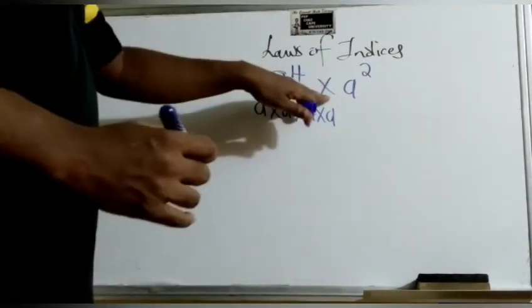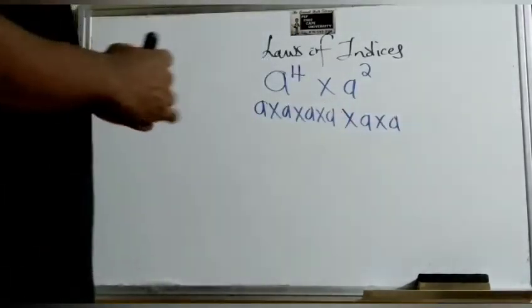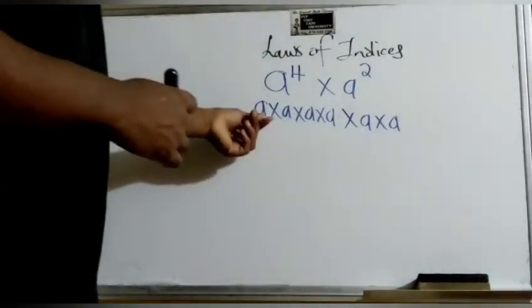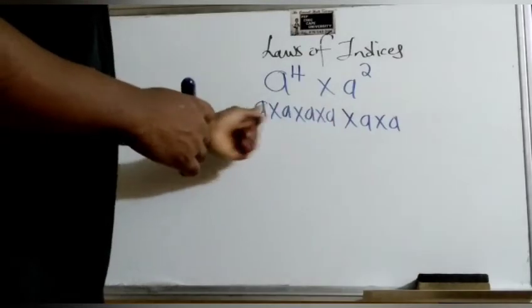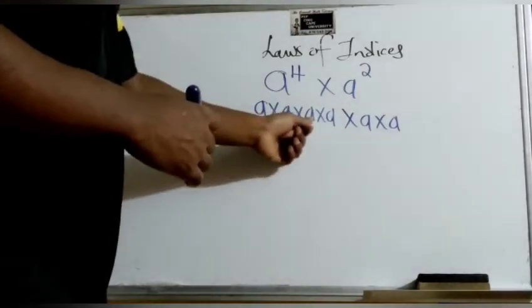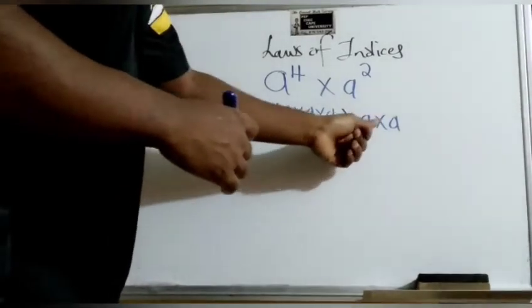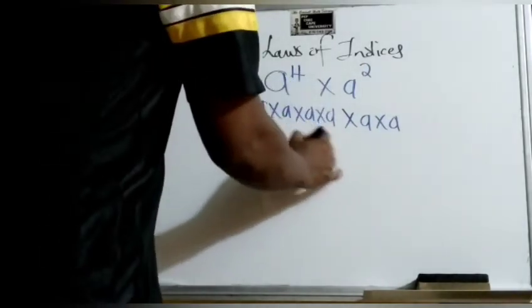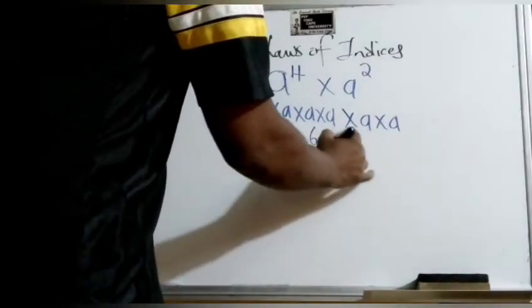And then it's multiplied by a squared, which is a times a. Now, what we can do is just count them and see how many a's. So it will be 1, 2, 3, 4, 5, 6. So it will be a to the 6th power. And that will be your answer.